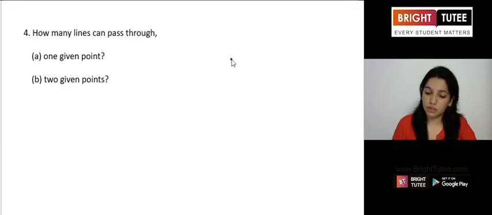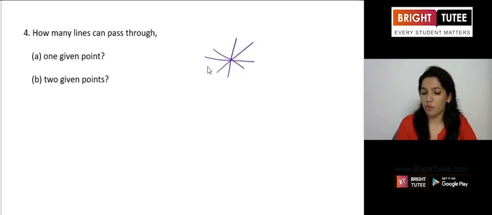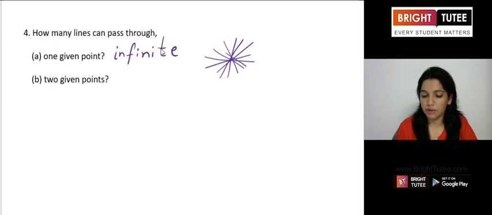If I'm putting a single point here, how many lines can pass through it? 1, 2, 3, 4, 5, 6, 7, 8, and I can just go on and on. The answer is infinite. An infinite number of lines can pass through one given point.